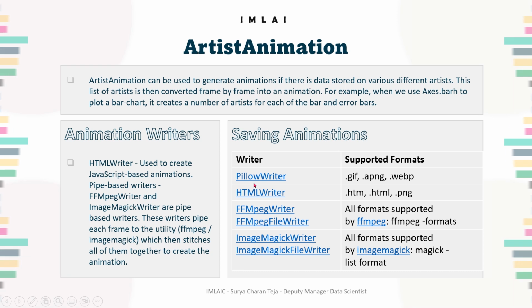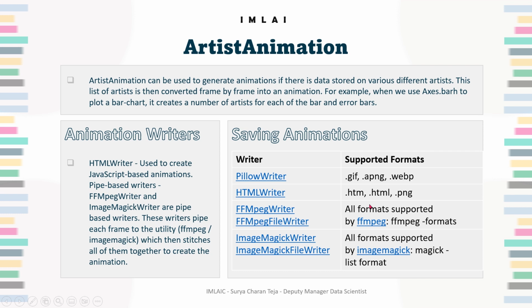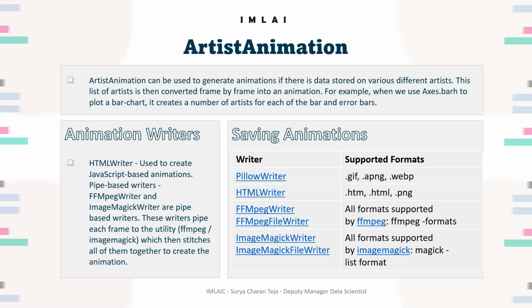If it is HTML writer, you can save it in .htm, .html, and .png as well. FFmpeg writer supports all formats supported by FFmpeg. ImageMagick writer supports all formats supported by ImageMagick.